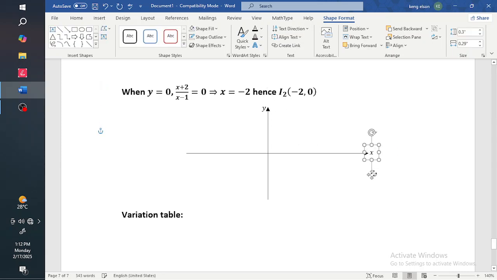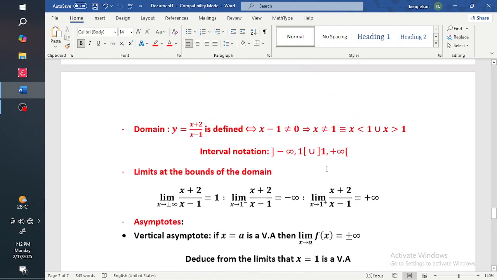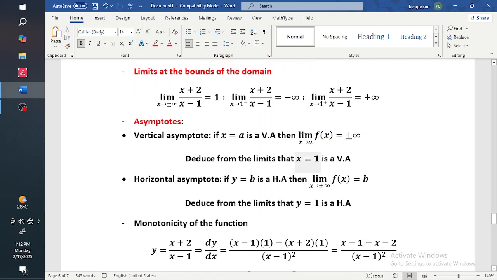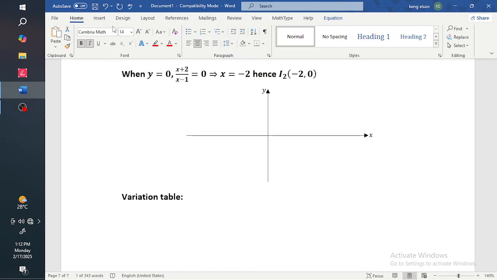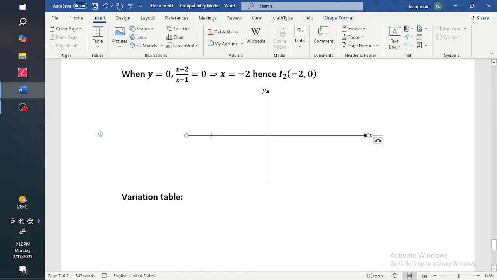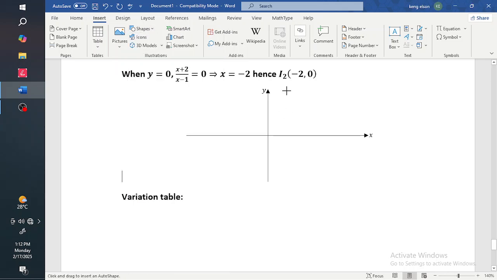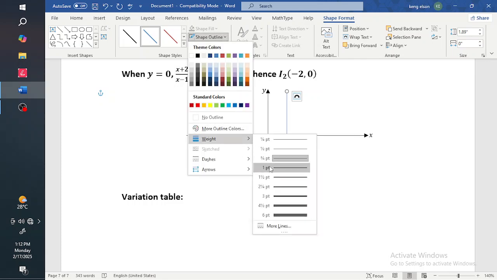Now the first thing to do is I indicate my asymptotes. Let's go back. How many asymptotes do we have? We have two asymptotes. x equal to 1 is vertical, y equal to 1 is horizontal. So on my coordinate axis, I try to calibrate. This line is passing through x equal to 1, and it is a dotted line.